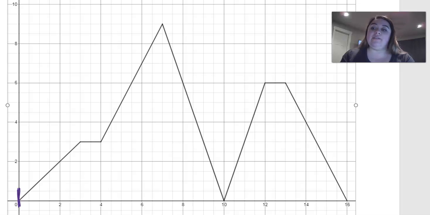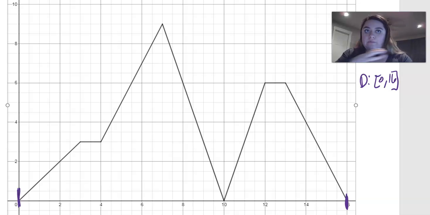Now, the last value I see on the x-axis is 16. So my domain, if I want to actually write this down, is going to be from 0 to 16, because every value in between 0 and 16, and including 0 and 16, is a part of my function. That is my domain. Those are all my inputs.